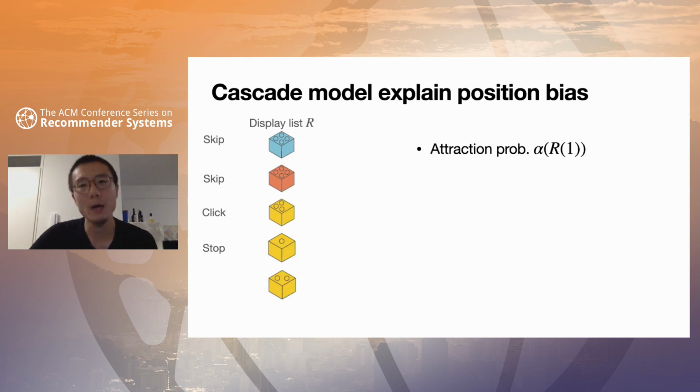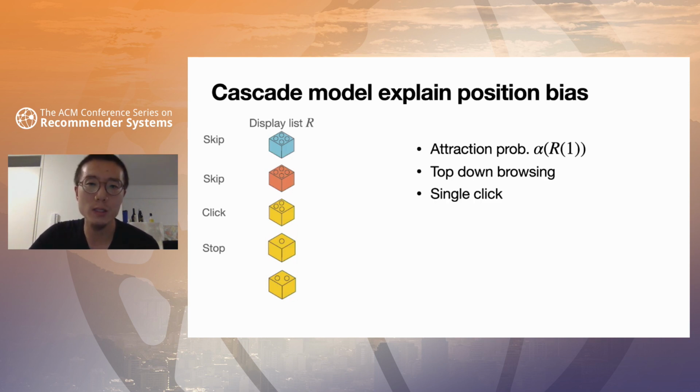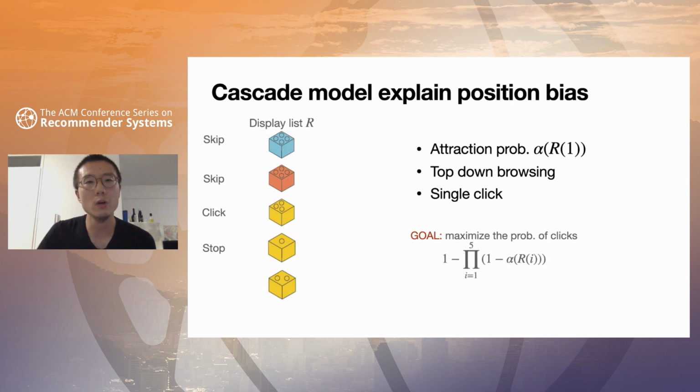Each item has an individual attraction probability, which we call alpha, and R1 means the item ranked in the top position. The user follows top-down browsing and single clicks. This model is simple, but it's an effective way to transfer the click feedback into training data. The goal of this cascade model is also to maximize the probability of clicks.